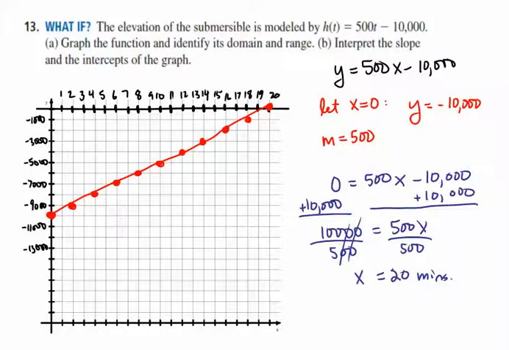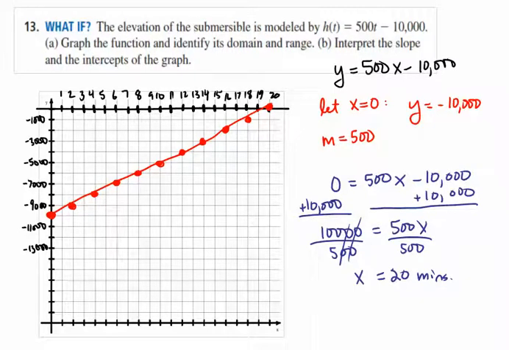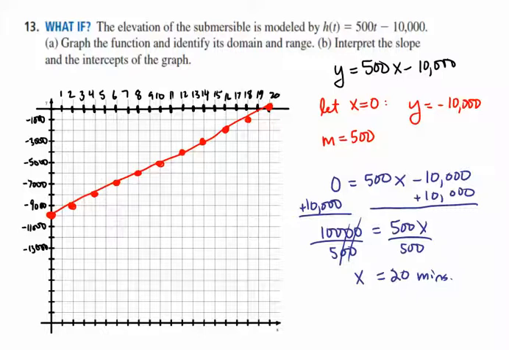Now once again, let's talk about the domain and the range. The domain is the set of all possible input values. Those are the x values or the t values. So the domain here is going to be from t is equal to 0 to t is equal to 20.